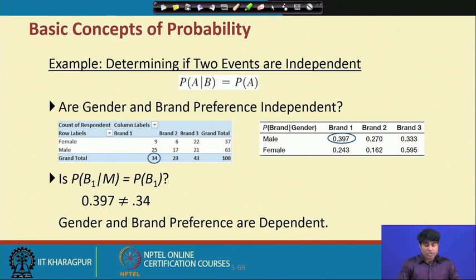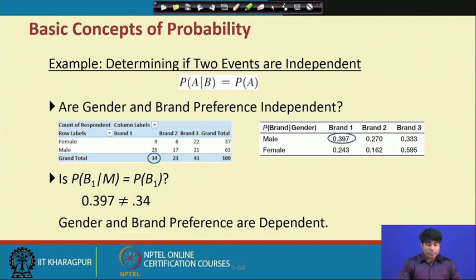If two events are independent, as we have already discussed in the case of mutually exclusive and non-mutually exclusive events, then P(A intersection B) will not be there. As a result, the probability of A given B will be P(A).